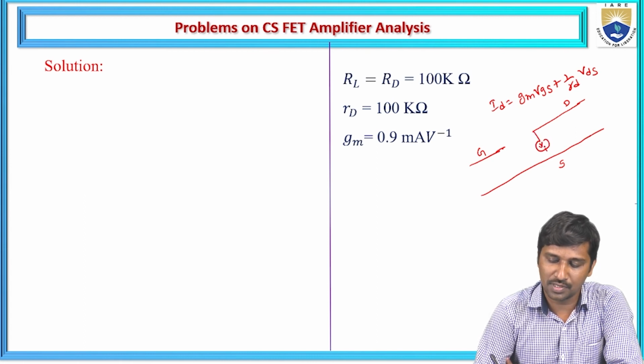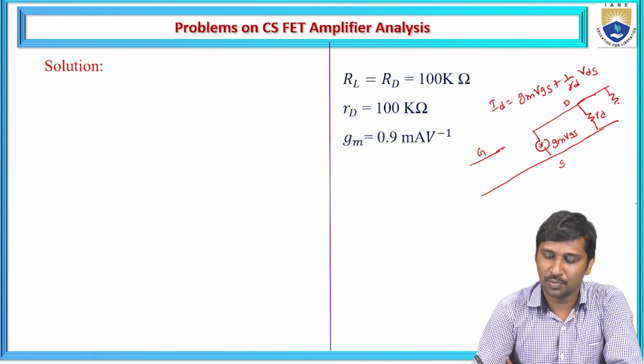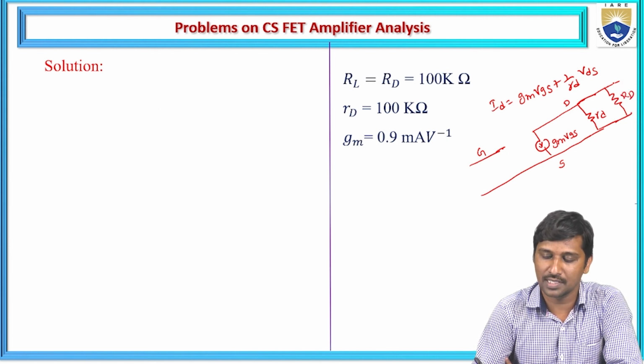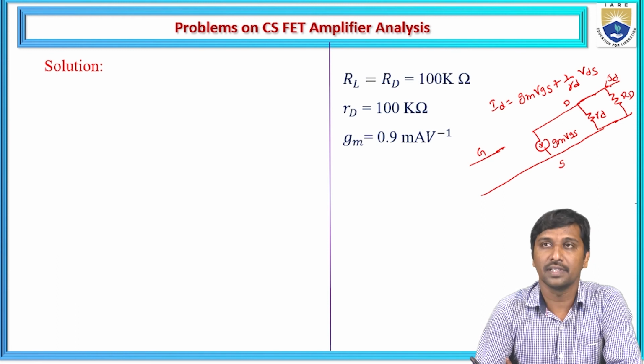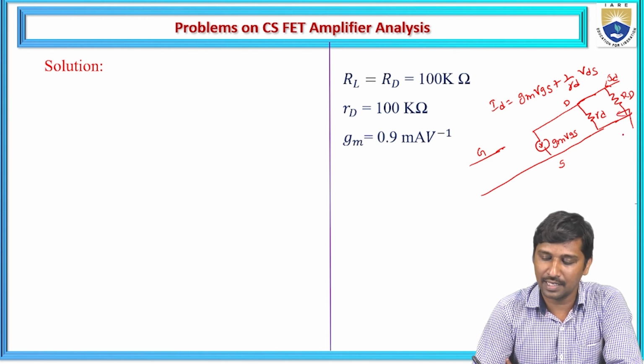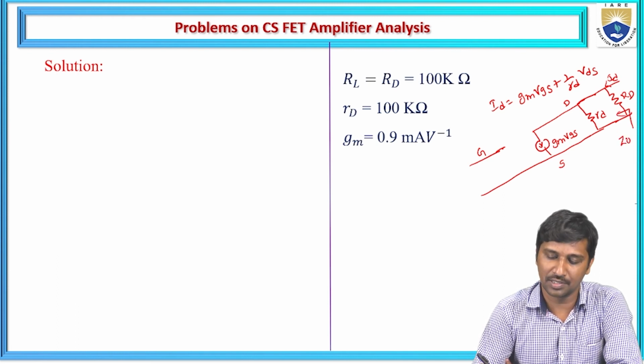Then we have the two current sources. One is represented as Gm into VGS, then the internal AC resistance is represented as small rd. Then here we place an external load resistance, capital RD, also called the load resistance, and it carries the drain current. Now we need to calculate the total output impedance Z0.